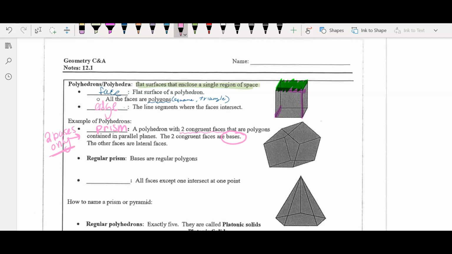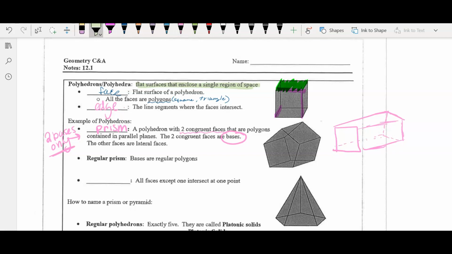A easier way to think about a prism is a rectangular prism. As you all know, I'm very artistic. This would be a rectangle. Think of it kind of like an accordion.